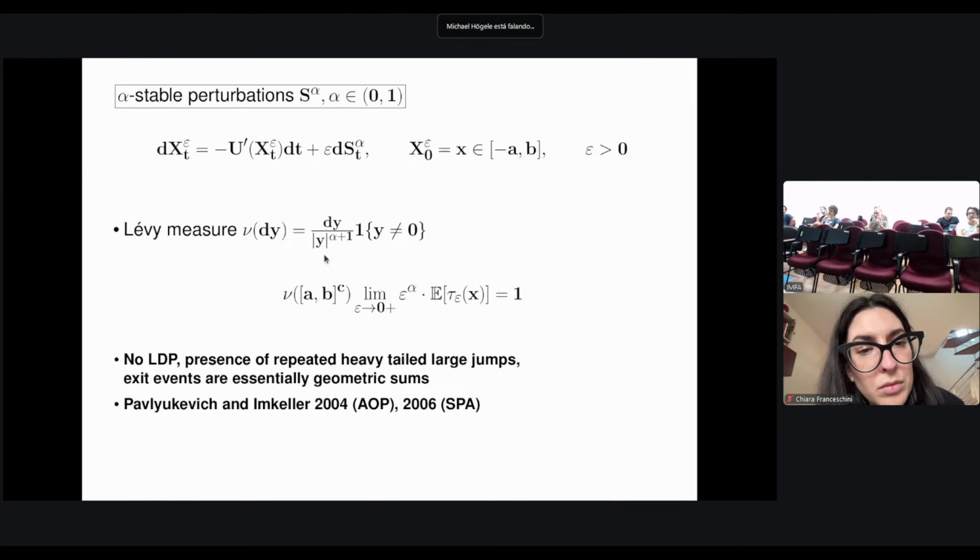So we have something which decays with very heavy tails. And you can also characterize the expected first exit times, and they behave very differently. There is no exponential growth, but the growth is like 1 over epsilon to the alpha.